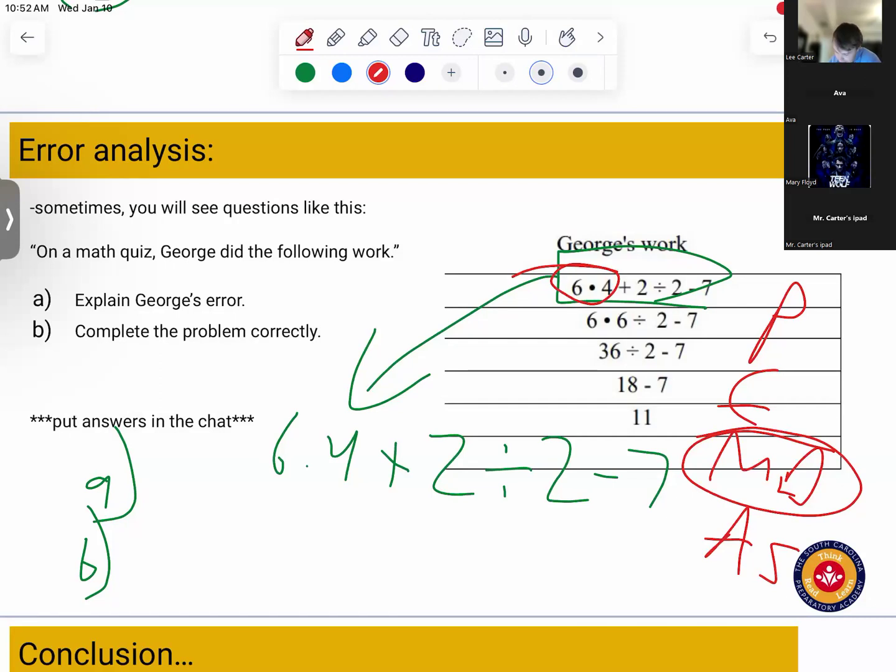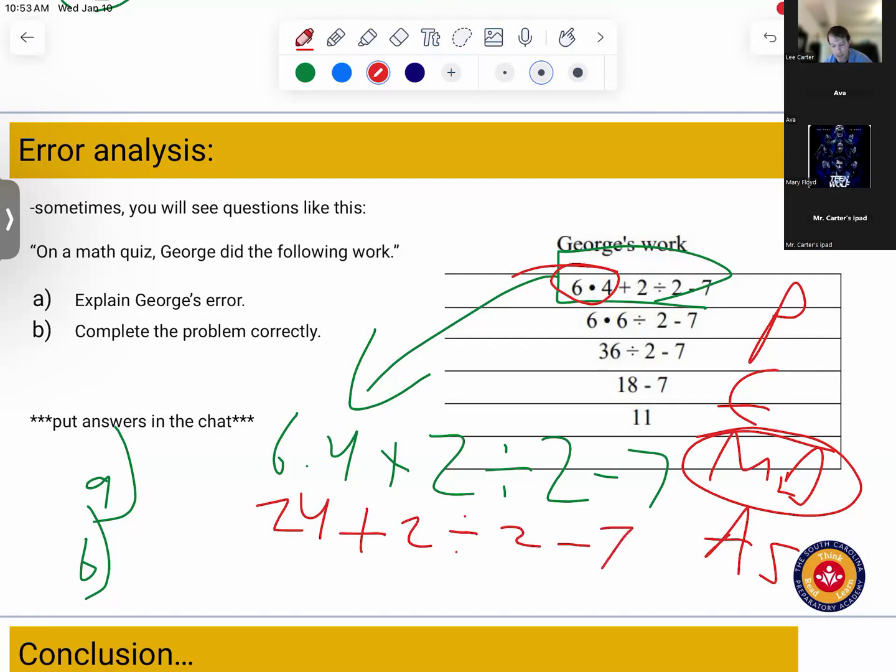Trying to figure out how you got that. No. So what we should have gotten here is 24 plus 2 divided by 2 minus 7, right?